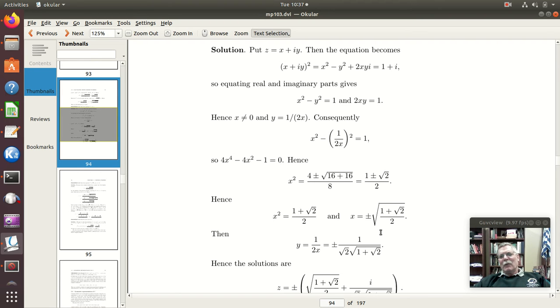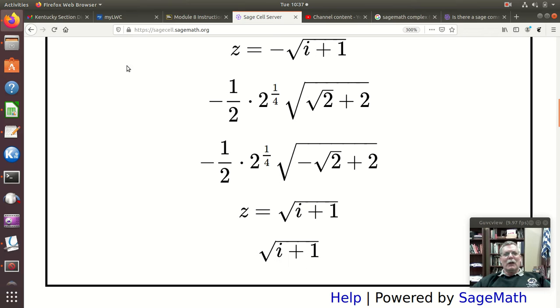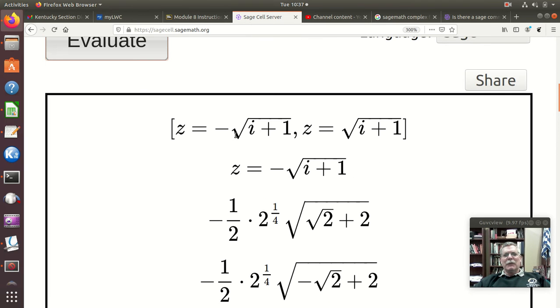Now, another thing we could do is we could try each of these things numerically. So for instance, I could check 1 plus the square root of 2 over 2 all under a square root numerically with this piece here. So remember, it's plus and minus. This is the minus one.